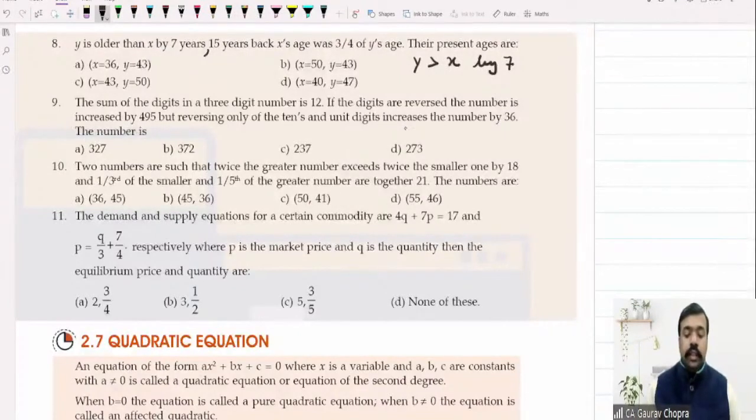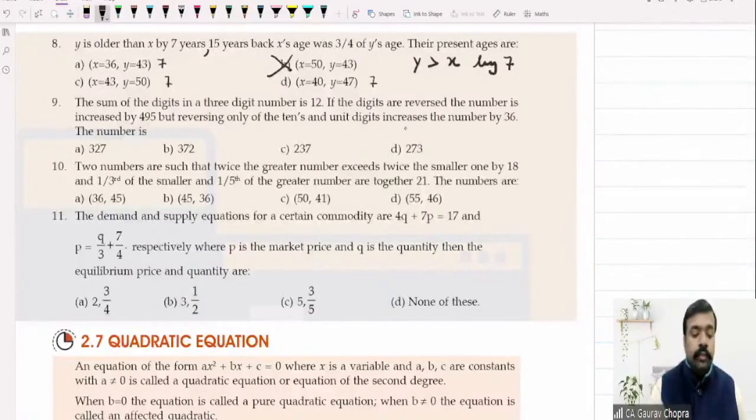Clearly we can reject some options, like option B is rejected because it says X is greater. Now from the remaining A, C, and D, we have to choose which one is correct. All three have the difference of 7 as well. Now let us check the second condition. If we talk about the first option, 15 years back means we have to subtract 15 from both of them.